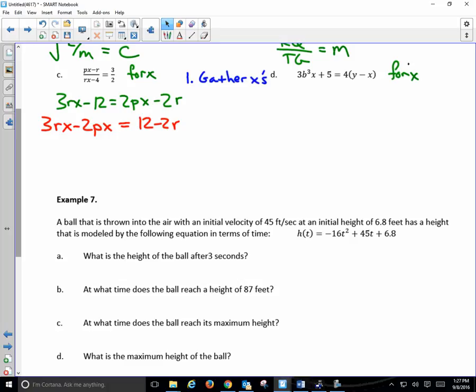Everybody okay with the first two steps? So now, what do you think I do to isolate just one x? I have two. What could I do to make it so there's just one? Factor out the x. You factor out the x, what are you left with?